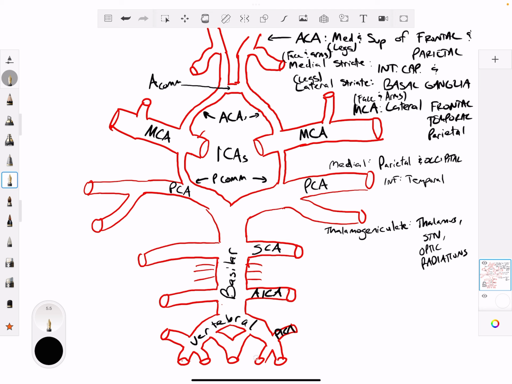We got the PICA over here. We got the anterior spinal artery, and then we got a pair of posterior spinal arteries, and this is just a continuation of the vertebral artery over here.